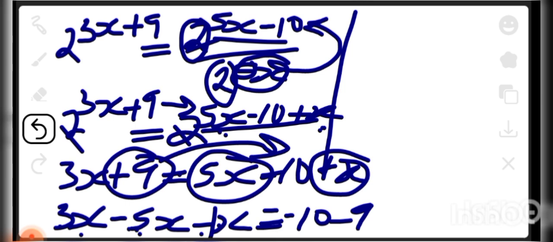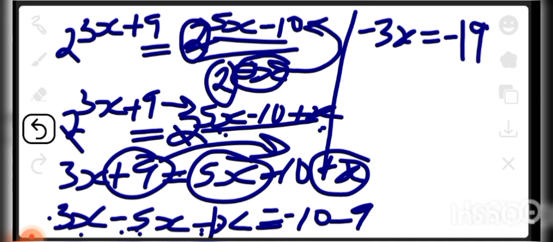Let's check what we are going to have in that place. 3 minus 5 is minus 2. Minus 2 minus 1 is minus 3. That's minus 3x is now equal to minus 19.